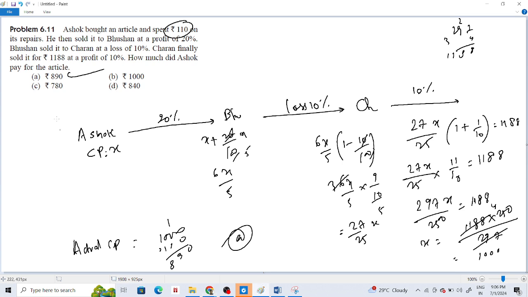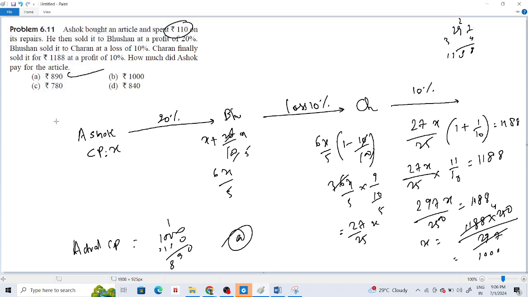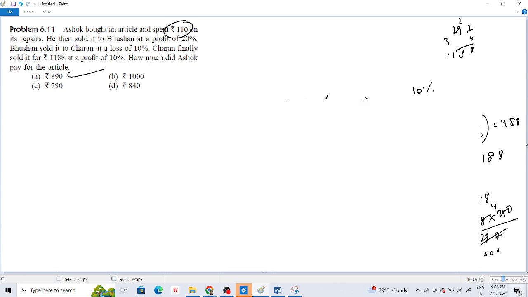One is this x method, fine, but I think this can be done in one go. So the CP is x, right?